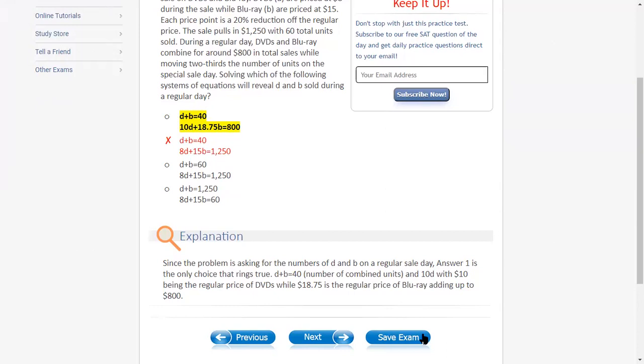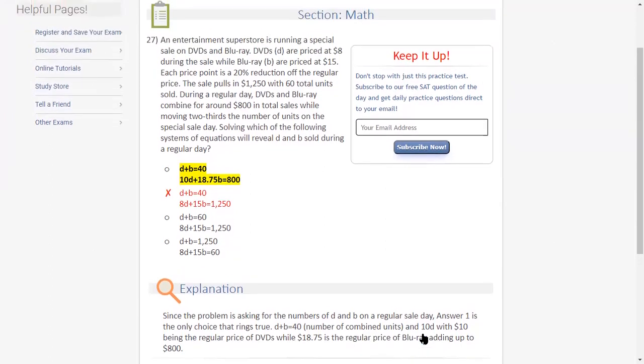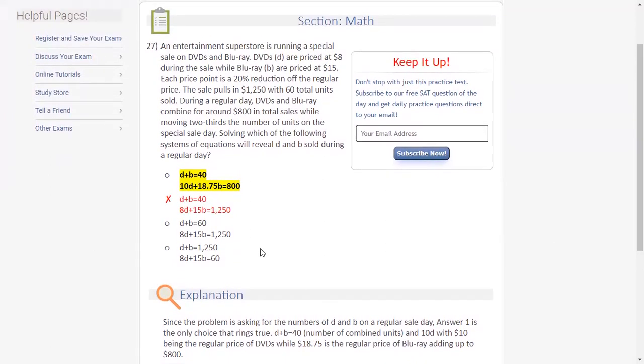The real price of 18.75 is for B, and when we are adding up, we will get 800. That was given: during a regular day, DVD and Blu-ray combined for around $8,800. So just look at this, $800 is not there anywhere. So we'll have to focus there.